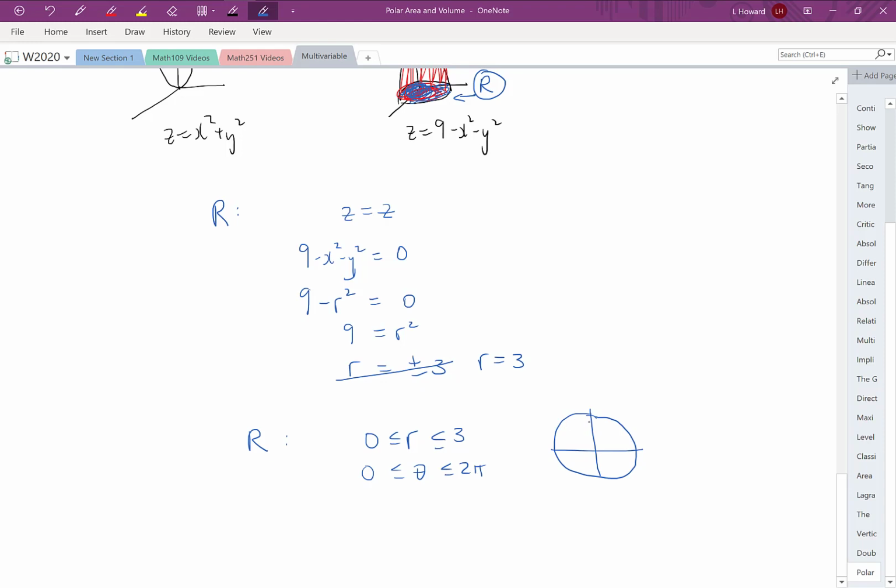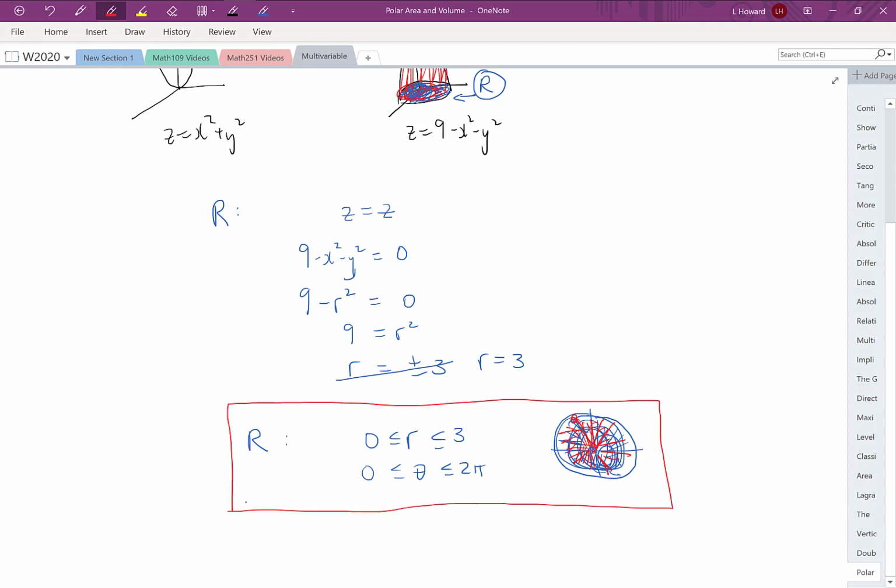You could say it's a circle of radius 3 and then just filled in. So to describe that region in polar coordinates, we're just imagining taking these little rays that radiate out from the origin. The r values we're capturing everything from 0 to 3, and the angles that we're capturing, well, 0 to 2 pi because we're going all the way around that disk.